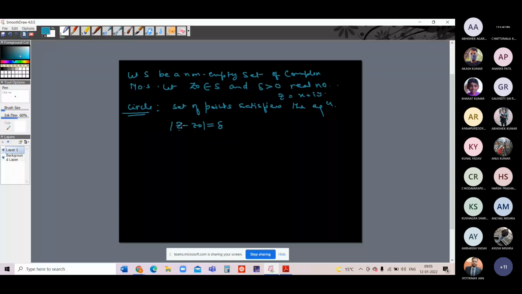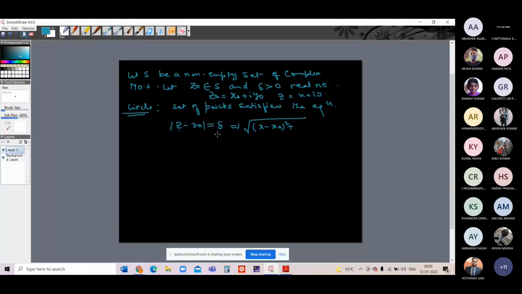So mod of z minus z naught is under root of x minus x naught square plus y minus y naught square, where z naught is a complex number written as x naught plus i times y naught.